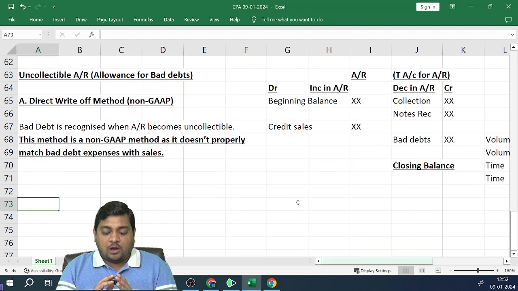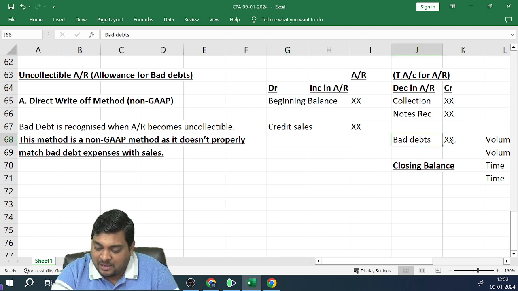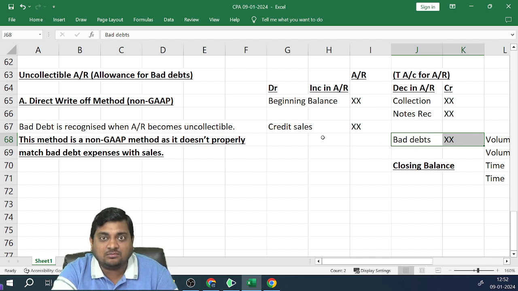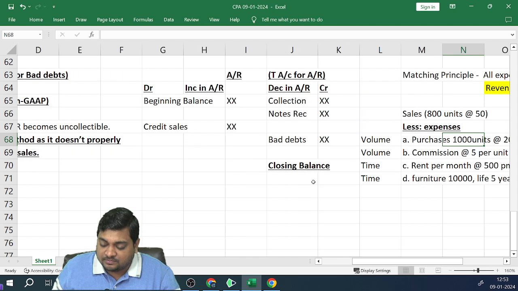So if I am following direct write-off method, whatever bad debt I am showing here may not be related with my current year revenue. It might be related to some past debts. So this particular method is non-GAAP, right? As it does not properly match bad debt expenses with the revenue, right? You want to have a look? Just have a look.